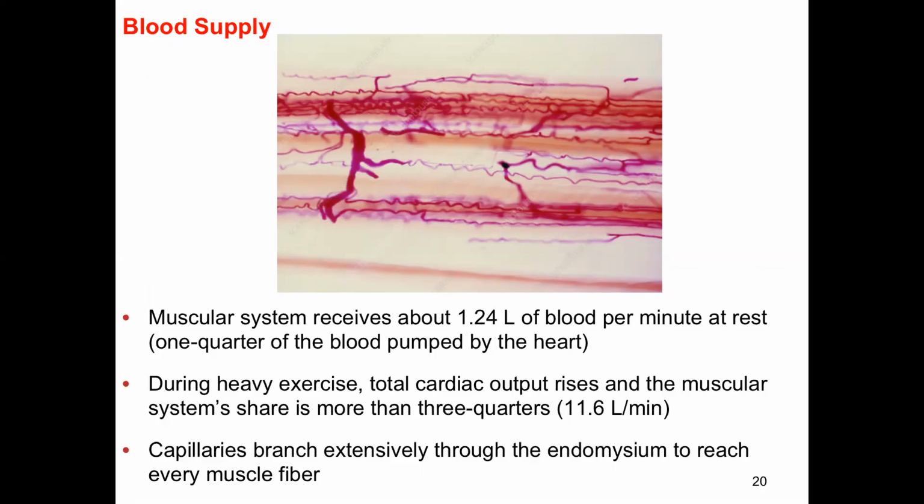So the capillaries are really extending through, like I said, that endomysium to reach every fiber. That's what this image is showing you, that network of blood capillaries wrapping around and extending through the endomysium for this very long muscle fiber, okay?